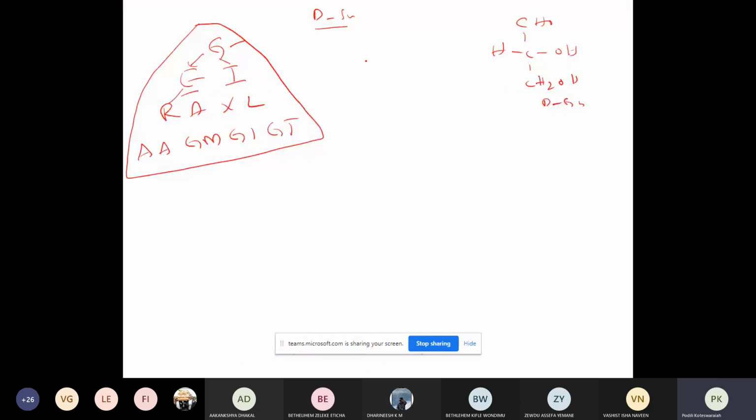First, you need to write the glyceraldehyde structure. I am writing the glyceraldehyde structure in the Fischer projection: CHO, this is the OH, this is the H, and this is the CH2OH. This is glyceraldehyde, the 3-carbon sugar.